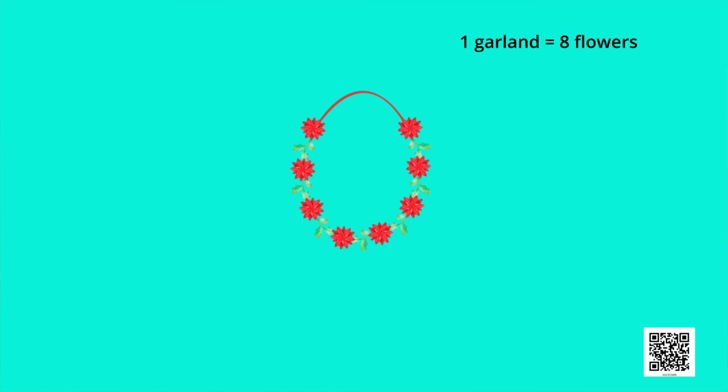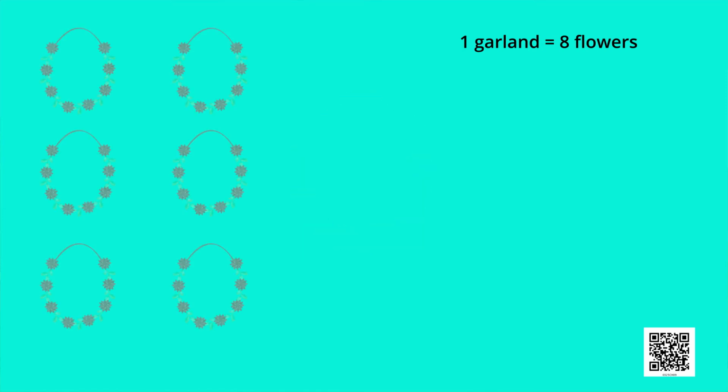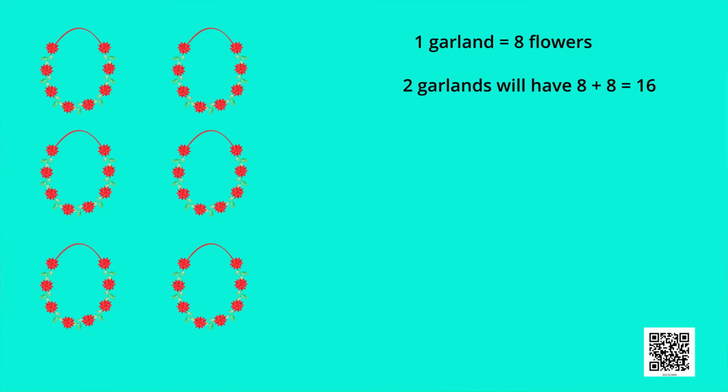So children, if she has to make 6 such garlands, can you tell how many flowers does she need to collect to make 6 such garlands? Let's find it out. One garland has 8 flowers. So 2 garlands will have 8 plus 8 is equal to 16 flowers.